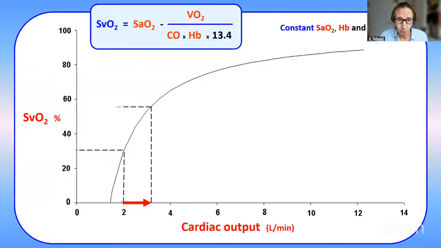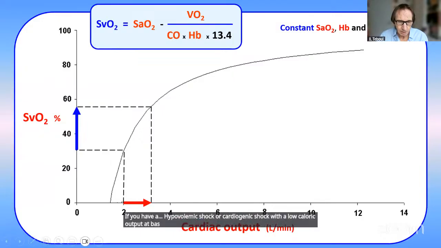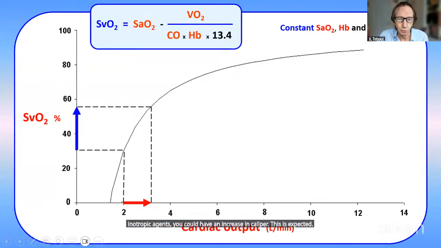And the same for the increase in cardiac output. If you have a hypovolemic shock or cardiogenic shock with a low cardiac output at baseline, and you give a treatment, either fluids or inotropic agents, you could have an increase in cardiac output. This is the expected goal of this treatment.